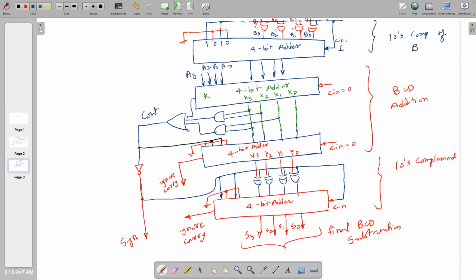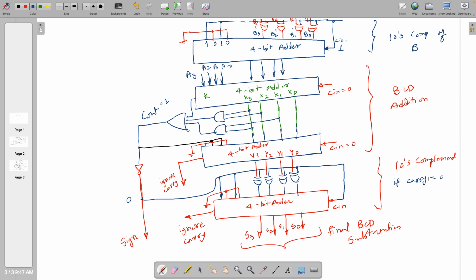But in case carry is coming 1, then you are doing the BCD addition. However, this particular portion will be going with 0 0, so the same output is coming as we were getting in y3, y2, y1, y0.